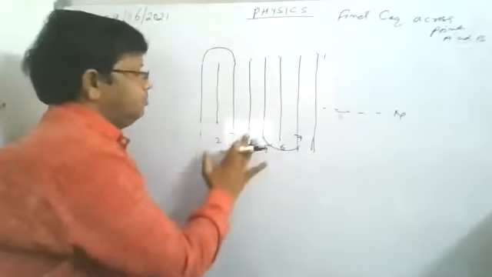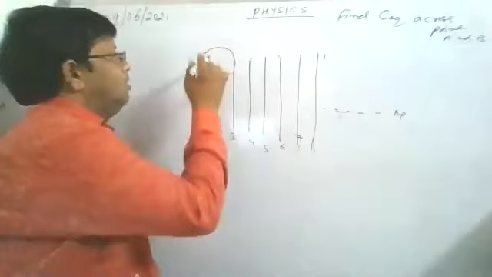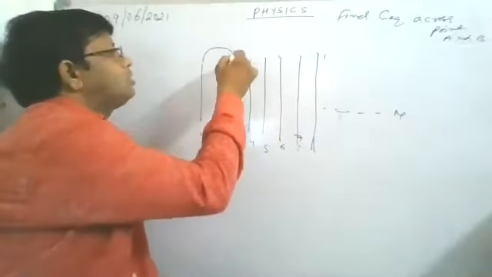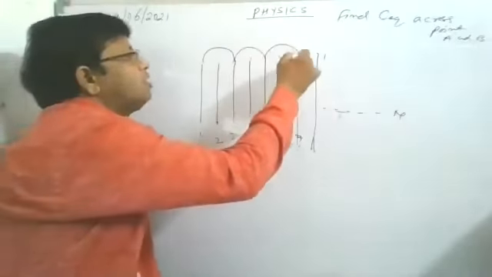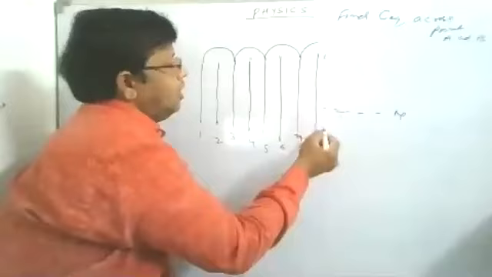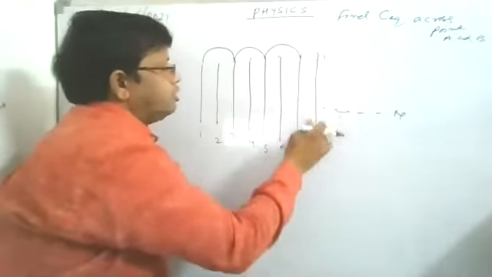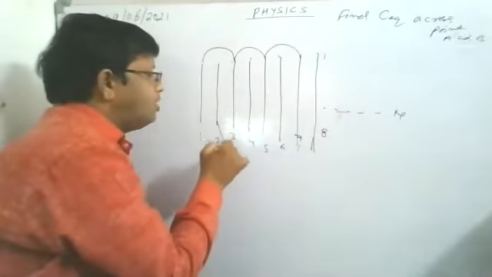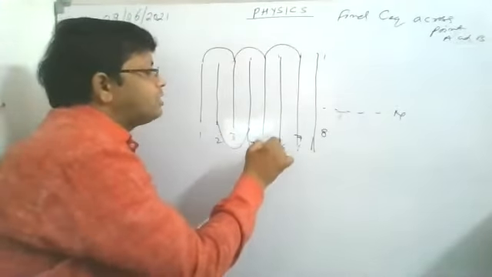See, this is connected to this. This is connected to this. This is connected to this. Plate 1 is connected to the third, the second one is connected to the fourth, the fourth one to 6, 6 to 8.